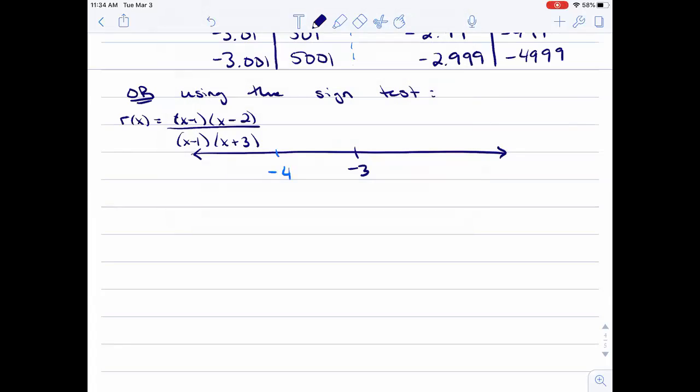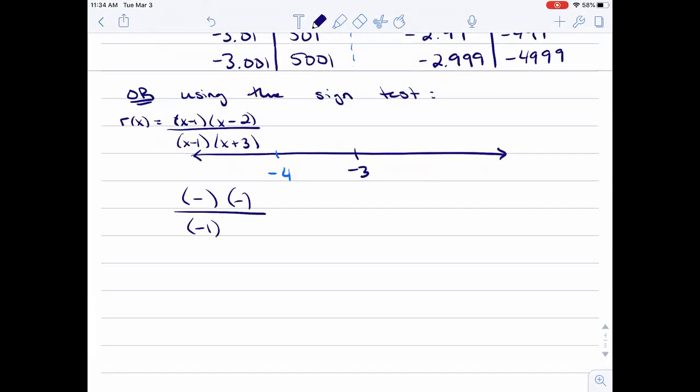Then you have -4 minus 1. You don't have to think about what the value is, you can just think about what the sign is. So -4 minus 1 puts you at a negative, times -4 minus 2 is also a negative. Divided by -4 minus 1, still a negative, times -4 plus 3, negative.